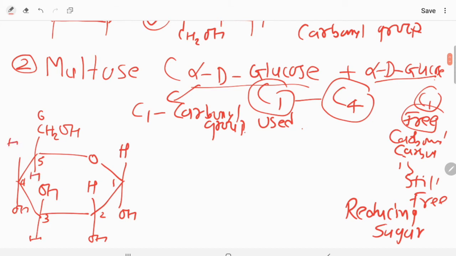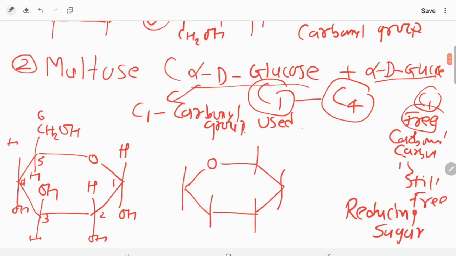Now, how to plot the second structure? You will plot it as the reverse structure. So this one is a reverse structure. Just watch it very clearly.